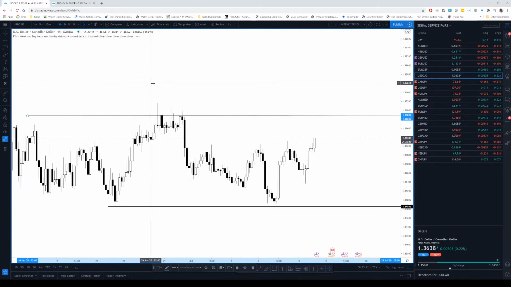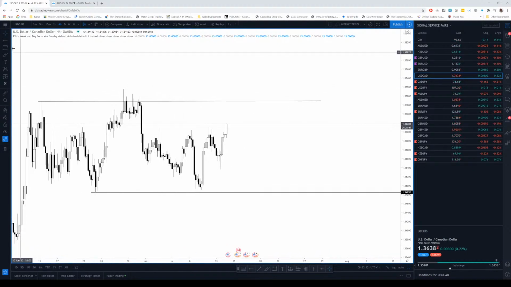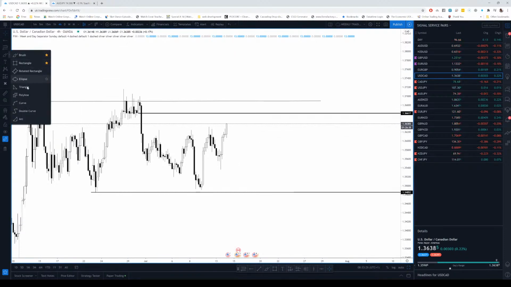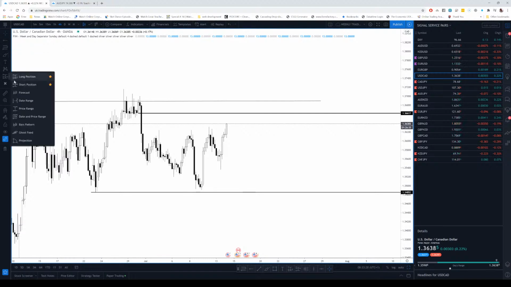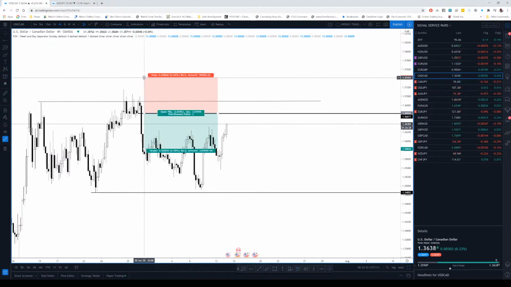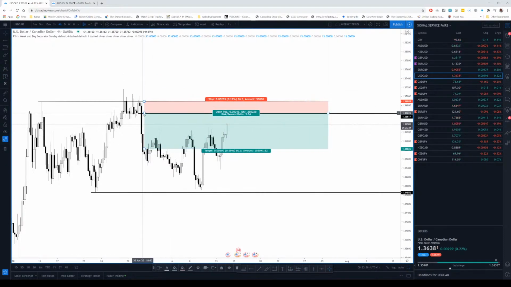So on the 4-hour, this is what I have. That level is what I'm watching. If price gets here and gives me a rejection, I can sell, take my chances and sell straight as it's coming up there.